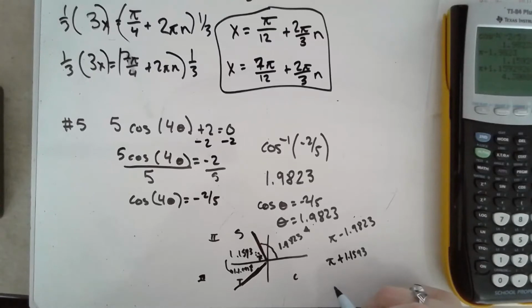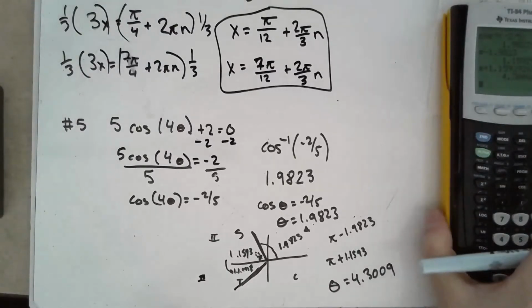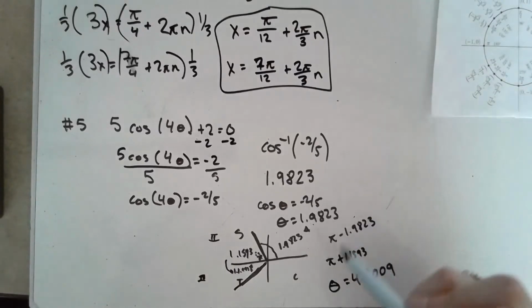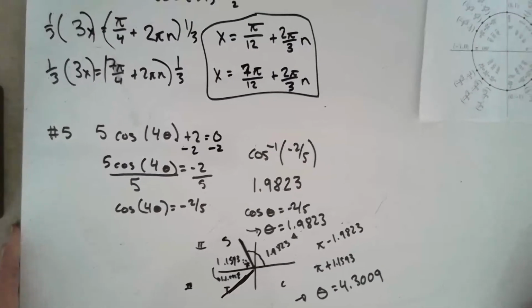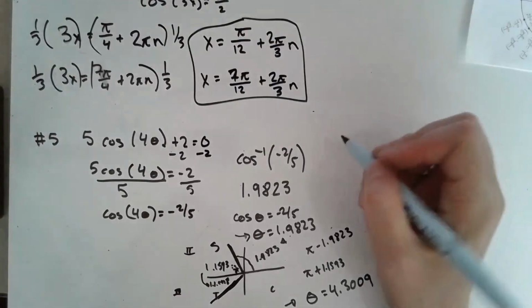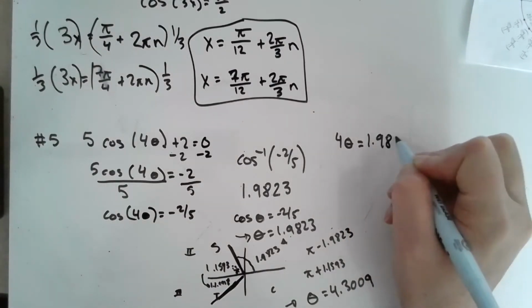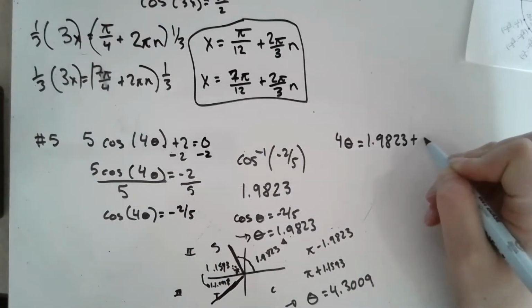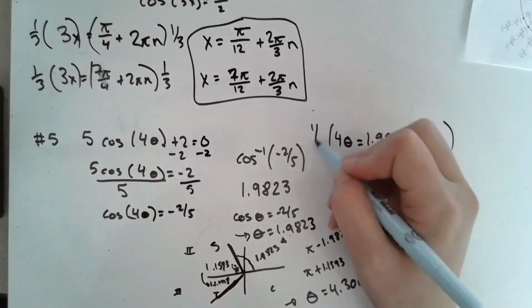And I would get my other angle, so alpha also equals 4.3009. Okay, kind of confusing, but we've got our two solutions. But we're not done, because we solved for theta, but we needed to solve for 4 theta. So 4 theta equals 1.9823 plus 2 pi n. Okay, we're going to times everything by a fourth.